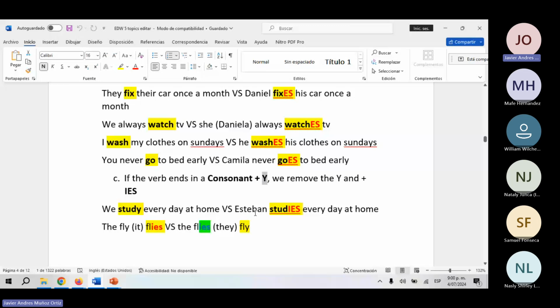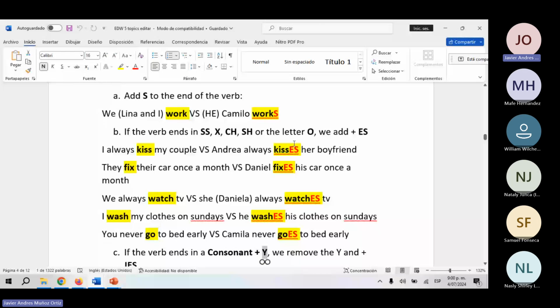Example, we study, Esteban studies. Second situation, if the verb ends in S, X, CH, SH, or O, the verb is going to be changed by adding ES to the end of the word. I kiss my couple, Andrea kisses, ends in SS. Fix ends in X.